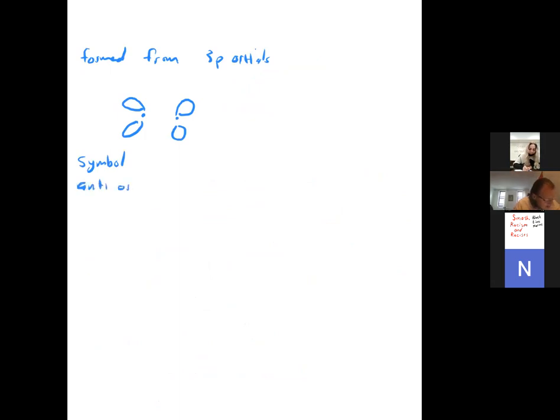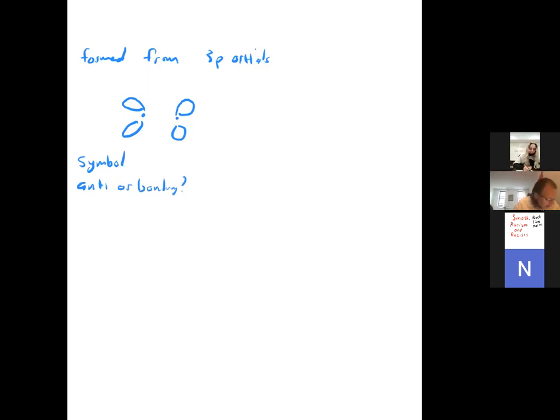Okay, so this one is telling you it's formed from 3p orbitals. And then they show you a picture. And then you want the symbol. And then you want to know, is it anti or is it bonding?